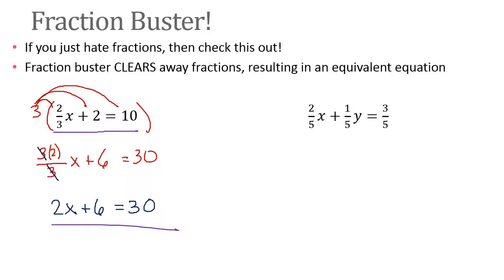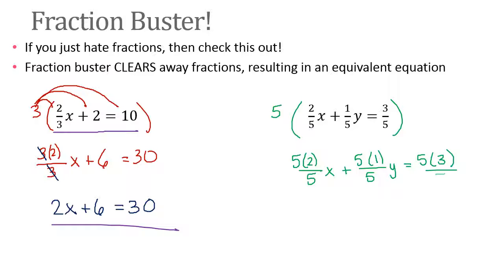Now look at this next one, 2/5 x plus 1/5 y is equal to 3/5. We're going to multiply the whole equation by our denominator, which is 5. So we'll have 5 times 2/5 x plus 5 times 1/5 y is equal to 5 times 3/5.